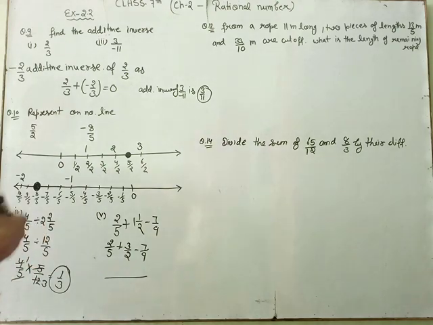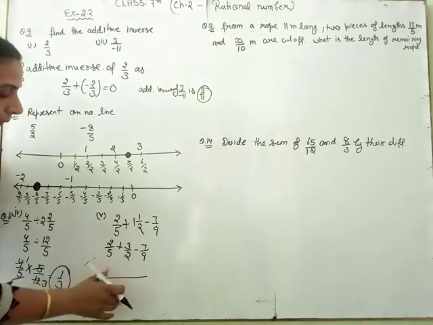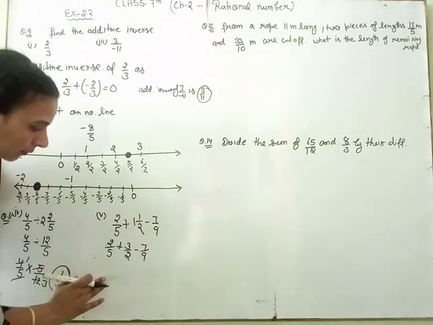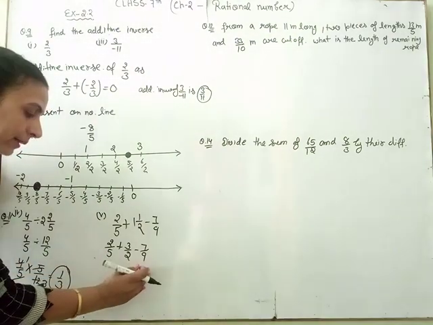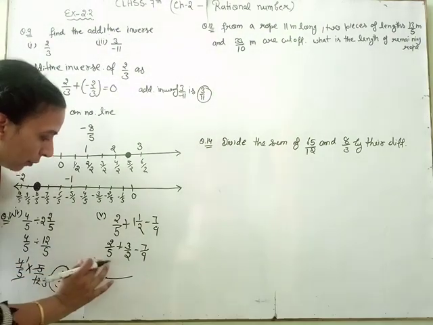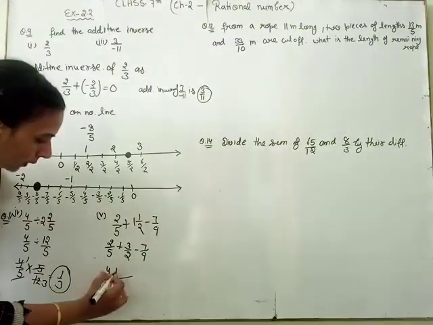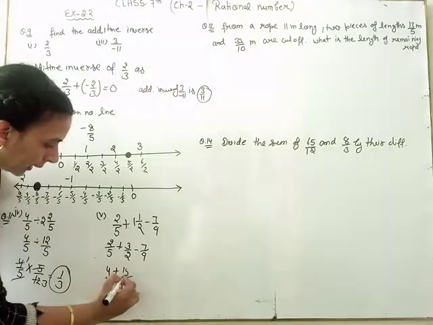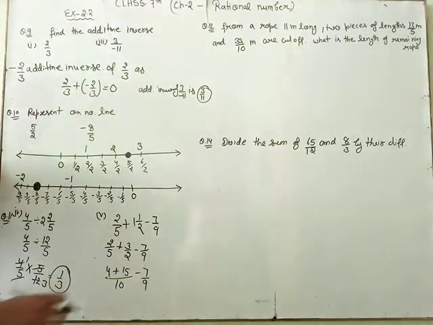After that we take multiples of 9: 18, 27, 36. We find the LCM of the first two first. The LCM of 5 and 2 is 10. Minus 4 plus 15, and we write this as it is, because the LCM is greater, that's why we write the first part whole.